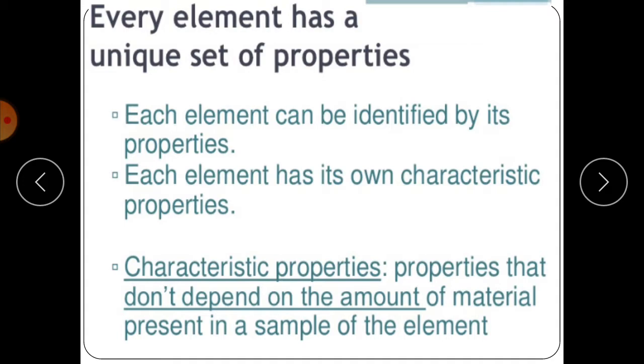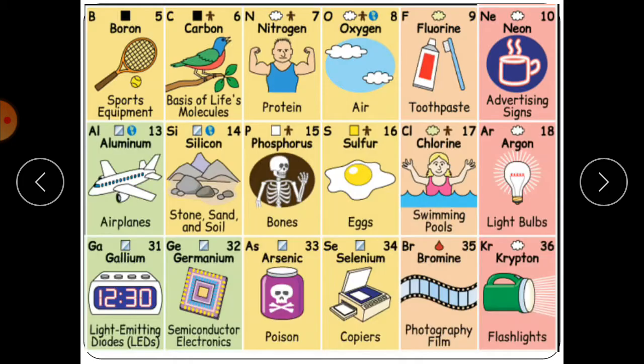So every element has a unique set of properties, unique characteristics, and these properties don't depend on the amount of material present in a sample of the element. Now we have discussed different elements, and I told you this is boron, this is carbon.